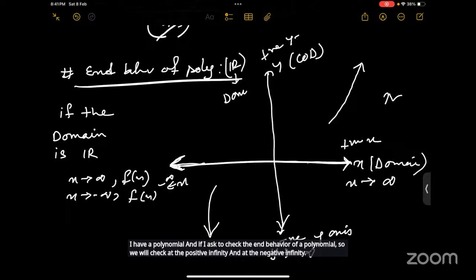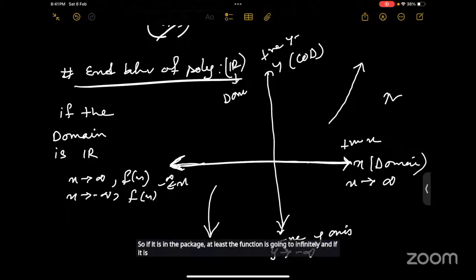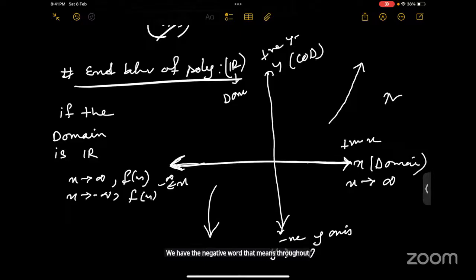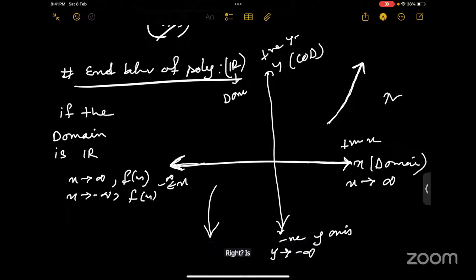If it is in the upward direction, that is the positive y-axis, the function is going to infinity. If it is in the downward direction, the function is going to minus infinity, because downward we have the negative y-axis. Is it clear? Yes, ma'am.